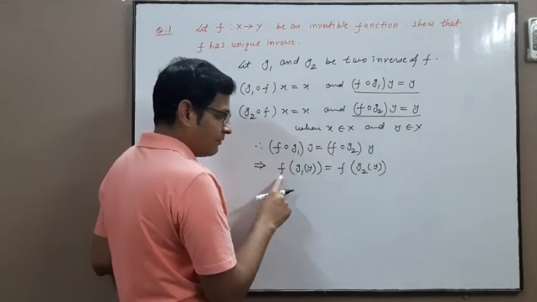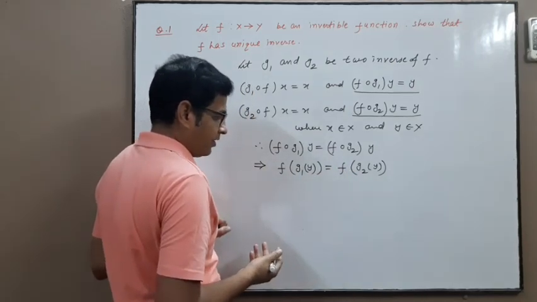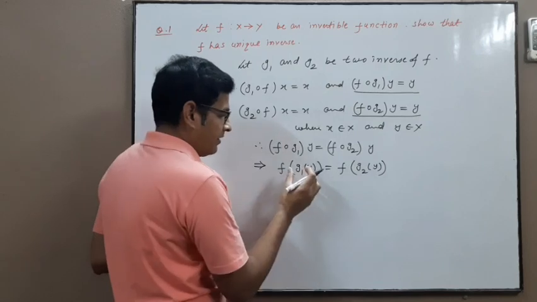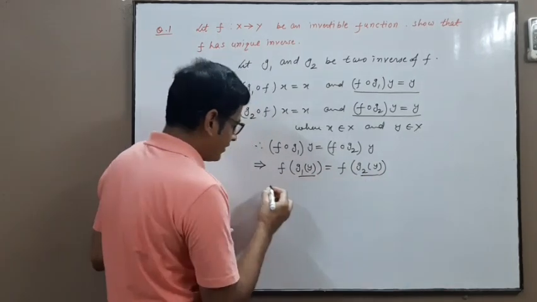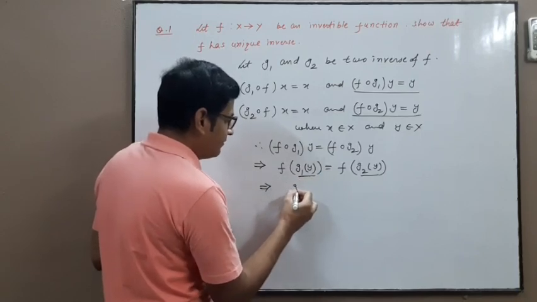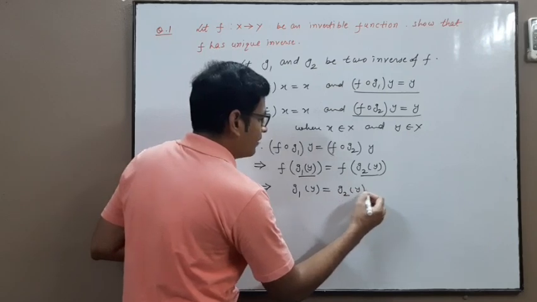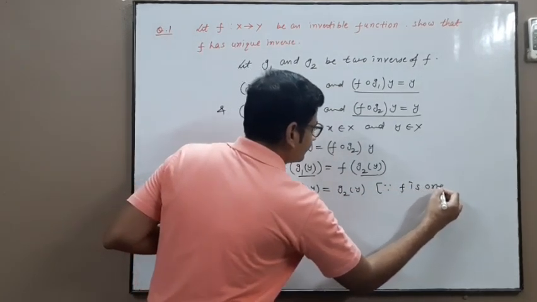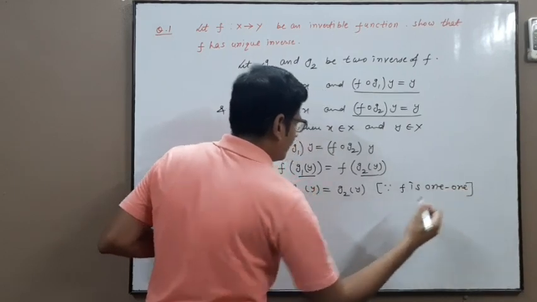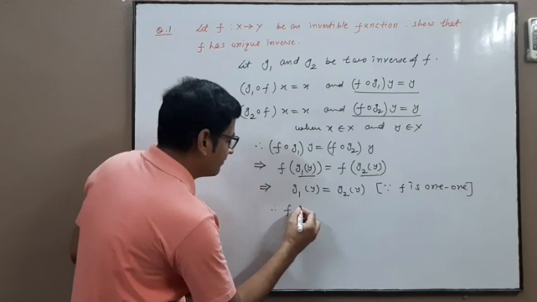Since f is an invertible function, it means f is both one-one and onto. We know the definition of one-one: f(x1) equals f(x2) implies x1 equals x2. So the next step we can write g1(y) is equal to g2(y), with the reason that f is one-one. Therefore f has a unique inverse.